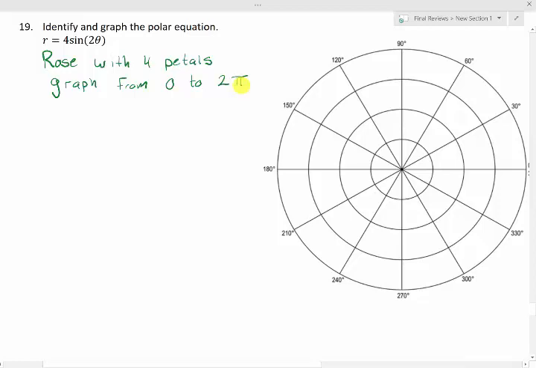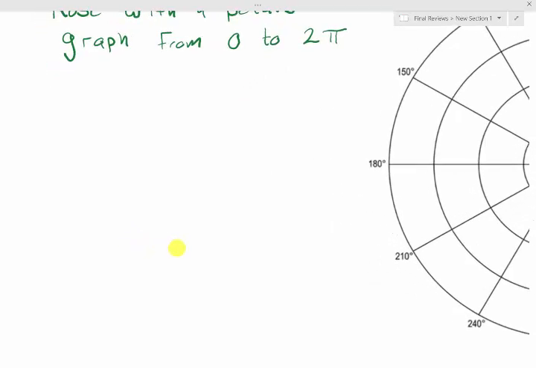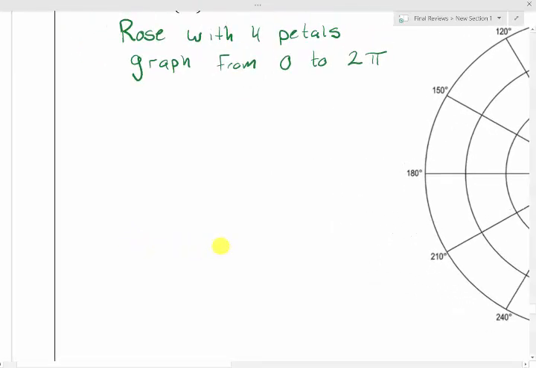Now what we want to do is test for symmetry and see if we can possibly cut this down, and hopefully we can. Usually we start out with our polar axis, and then we go on to the line theta equals pi over 2.